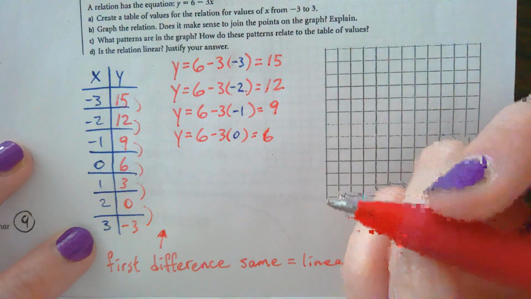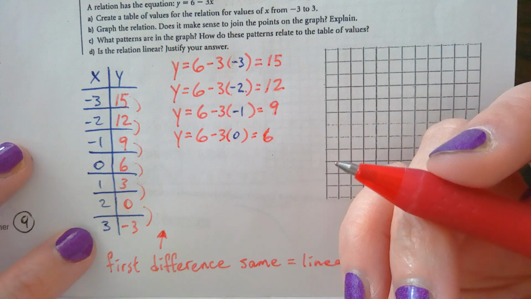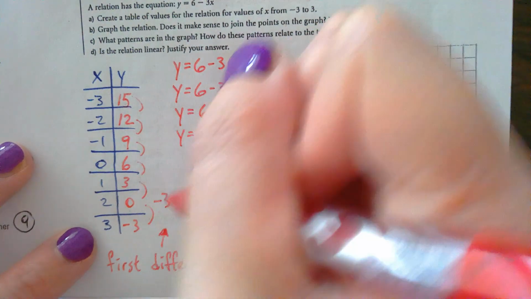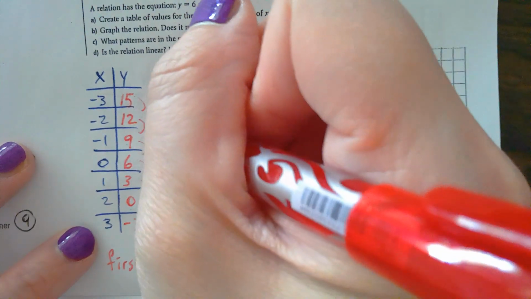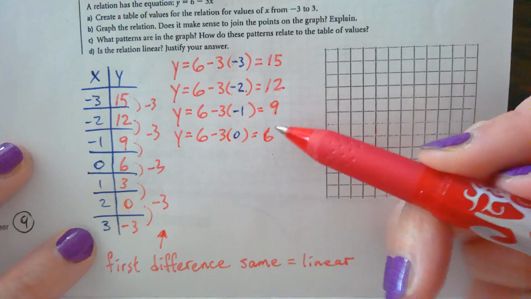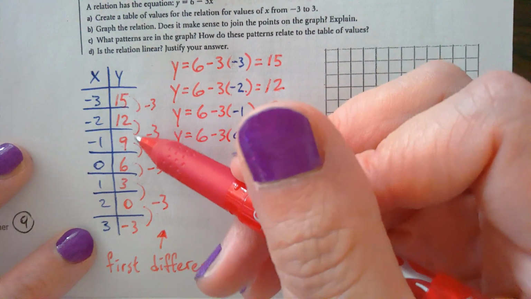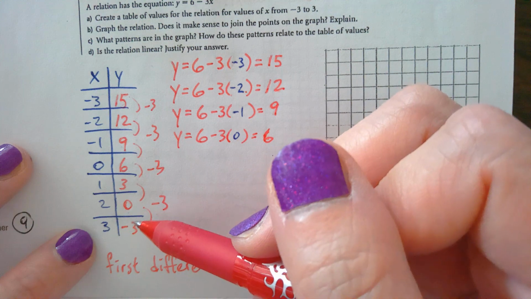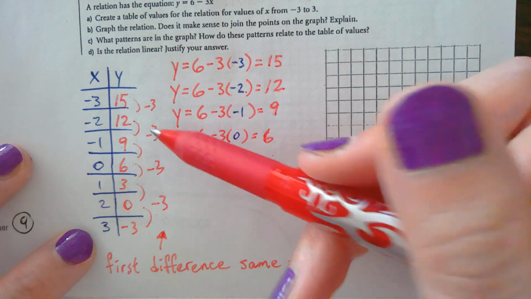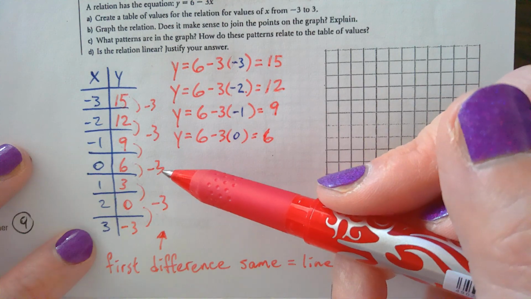How did you see the pattern? Decreasing by 3. Yeah, that's right. So if you did your math correctly, just like right here, Zachary used this trick. If you did your math correctly, you should see a pattern in your y. If even one of them is wrong, then you made a mistake.